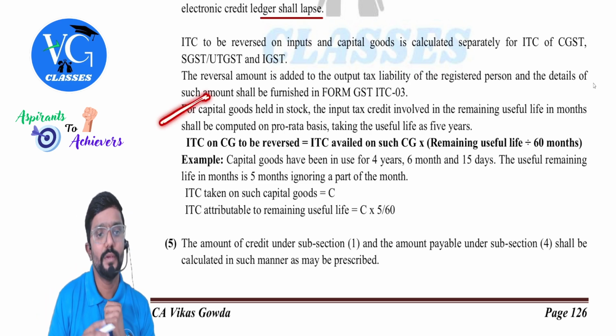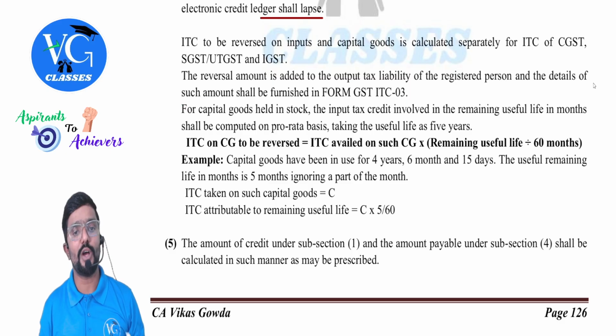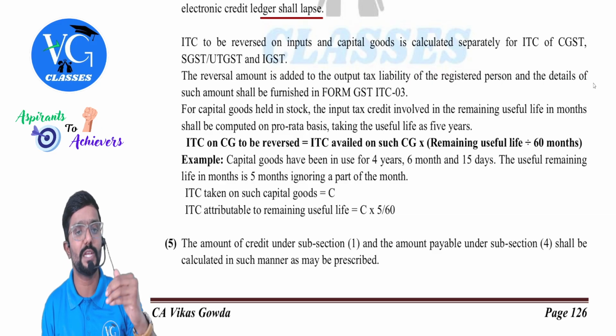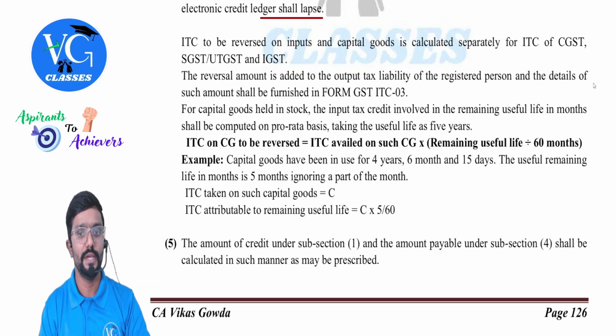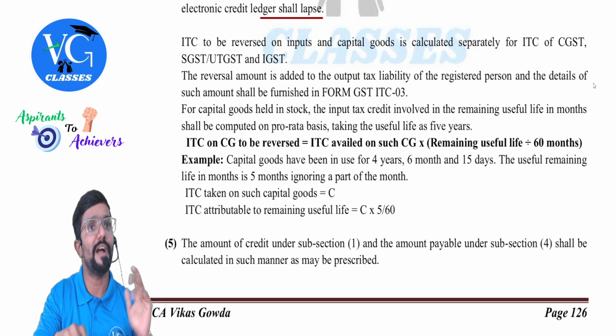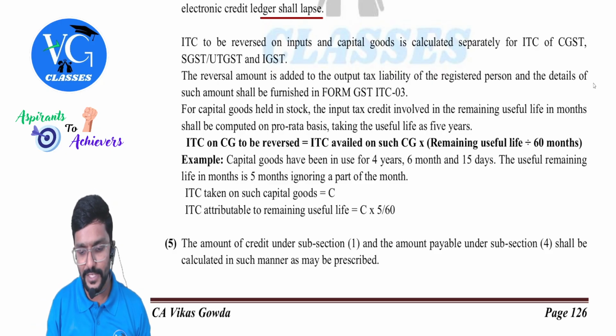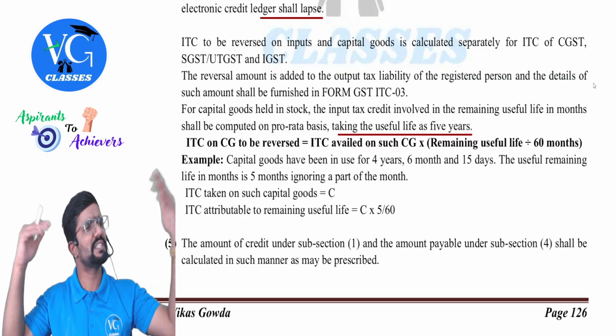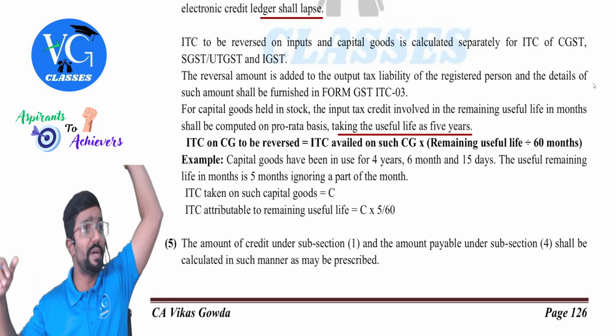Let me read that. For capital goods held in stock, the input tax credit involved in the remaining useful life in months shall be computed on a pro rata basis, taking the useful life as how much? 5 years. See, I am repeating again. Actually, it can be used for 6 years, 9 years, 10 years, 15 years, 20 years.